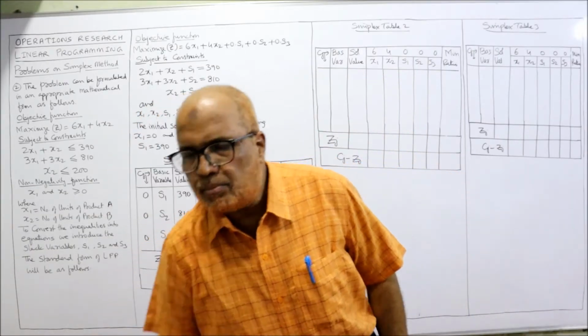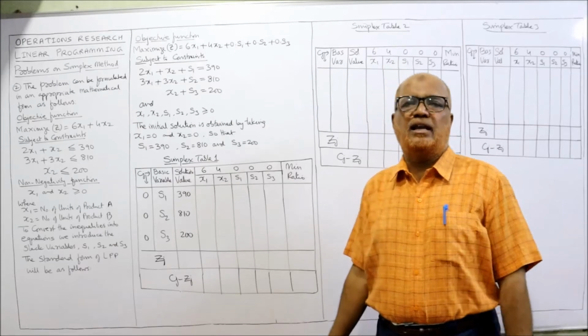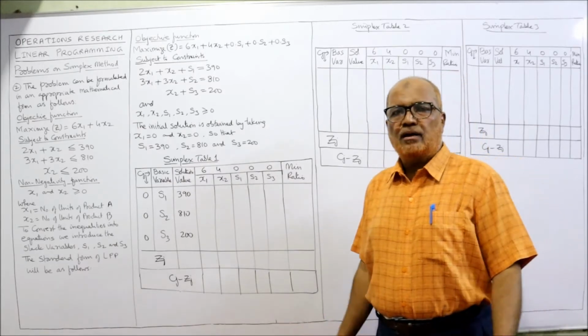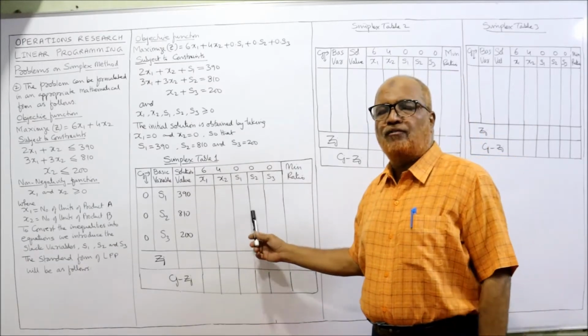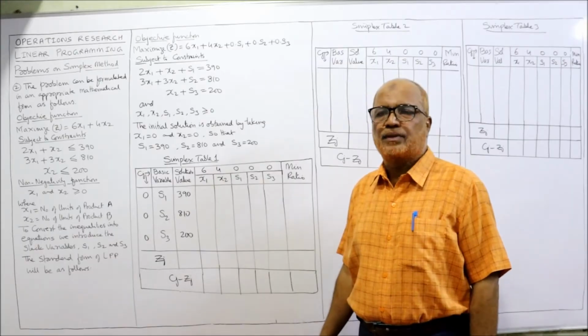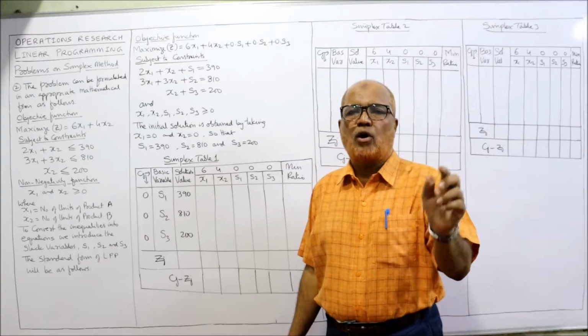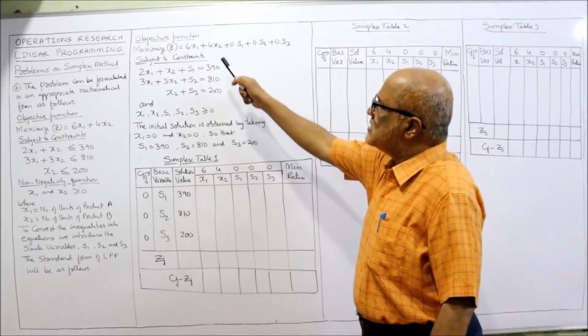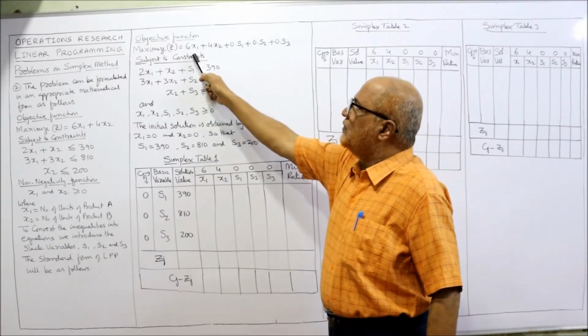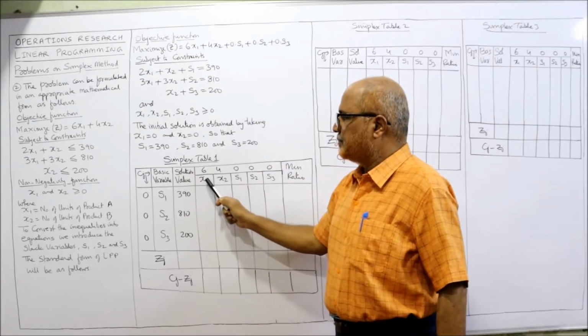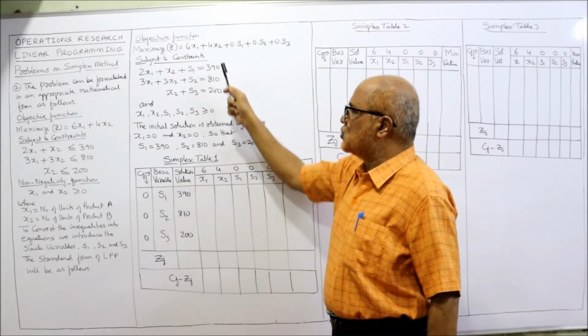The first simplex table is very simple because we don't need any formula. In the previous video I told you the format of this simplex table. Cj stands for the coefficient of the objective function. This is the objective function. The coefficient of x1 is 6. The coefficient of x2 is 4.